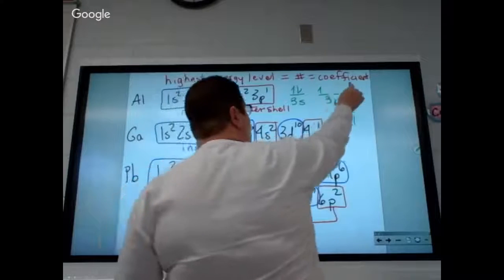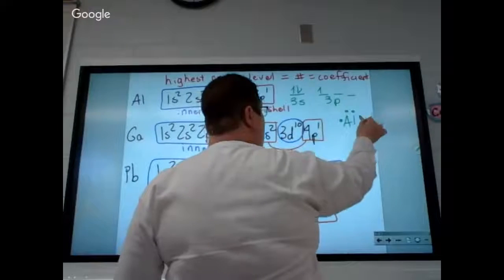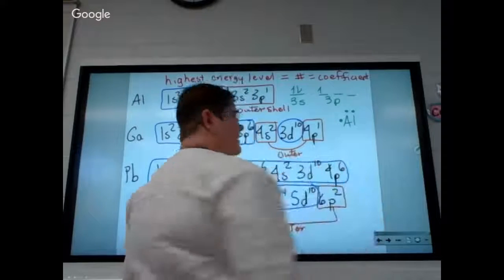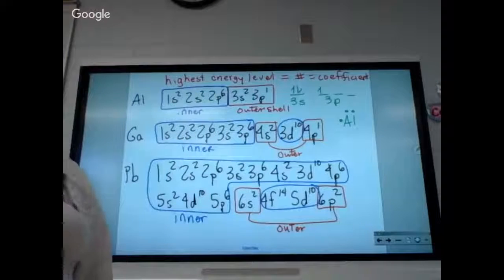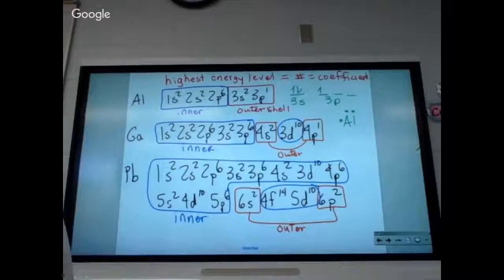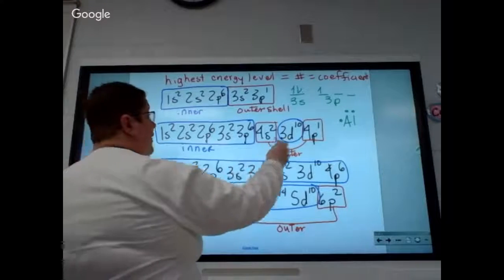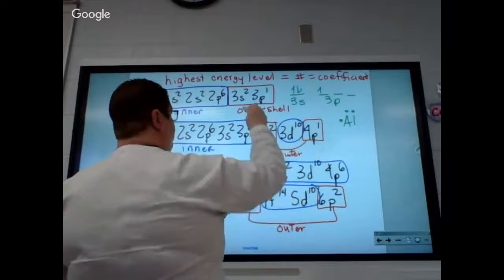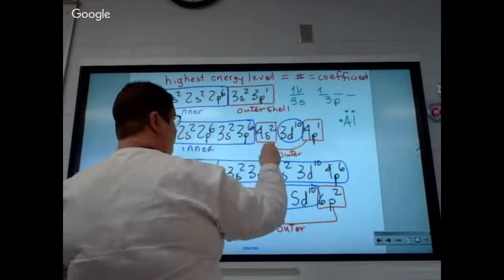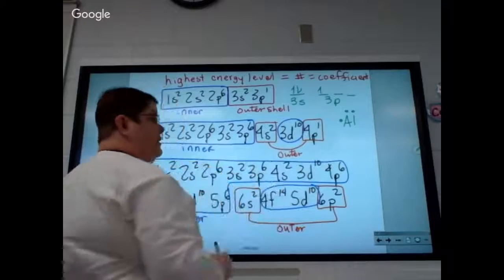I have 2 empty orbitals, which means I need 2 empty sides. Questions? There will never be more than 8. Ever. Now, what can you tell me about gallium without us even drawing it? It will be the same thing.